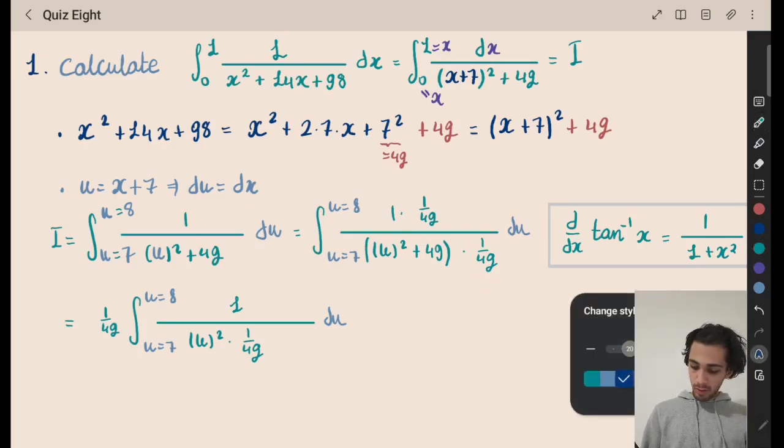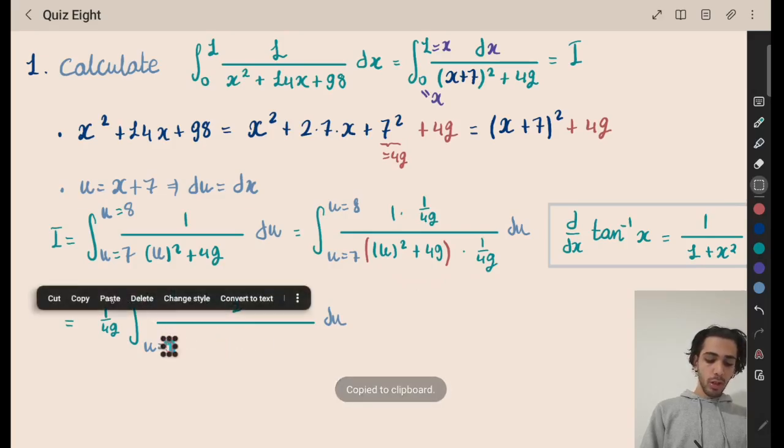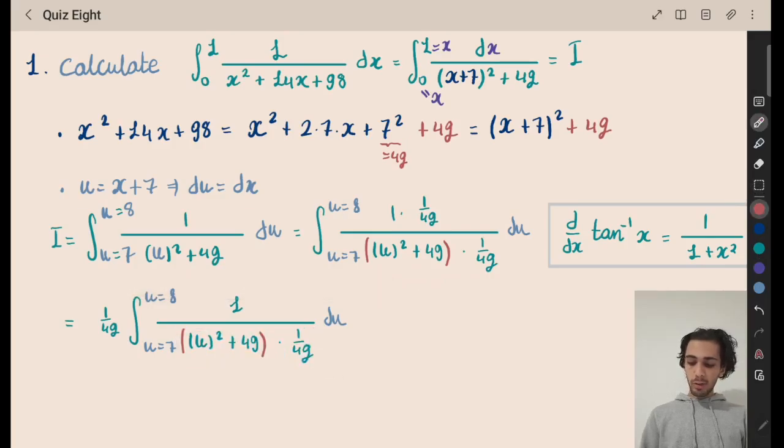So do not make the small error that I just committed. And then when I multiply the whole thing by 1 over 49, then it's very nice, you know? Because the 1 over 49 with the 49 gives me a 1, right? And then here I get division by 49.